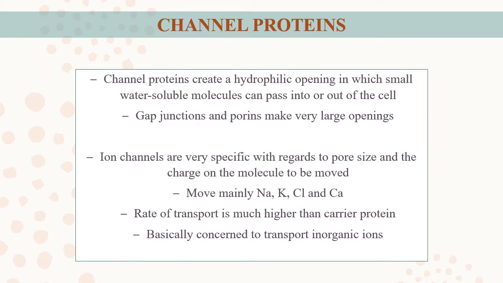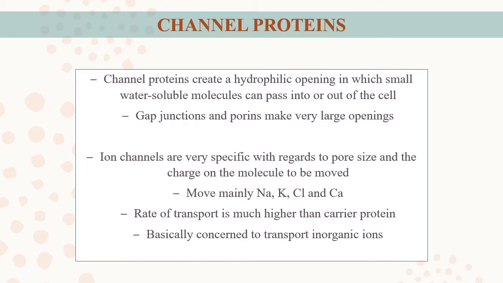The channel proteins create a hydrophilic opening in which small water-soluble molecules can pass into or out of the cell. Among the channel proteins, the gap junction and porin make a very large opening, whereas the ion channels are very specific with regard to pore size and charge on the molecule to be moved.